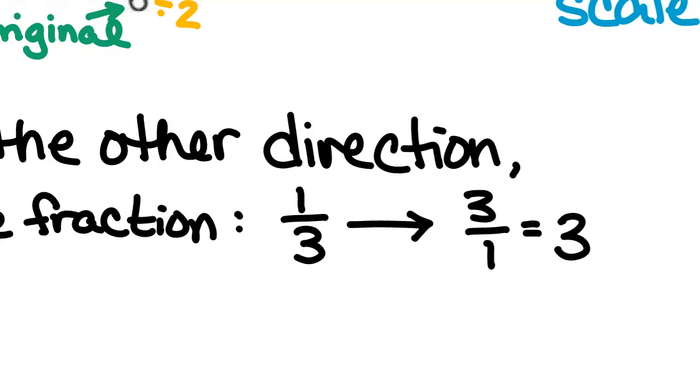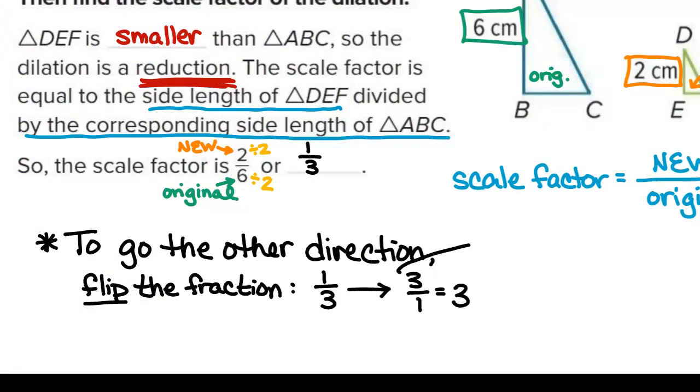So anytime I know what the scale factor is for a reduction, I can flip it around to find the scale factor for the enlargement. Or vice versa, if I know what the scale factor is for the enlargement, I can flip it around and find the scale factor for the reduction. So far, so good? All right, let's flip the page.